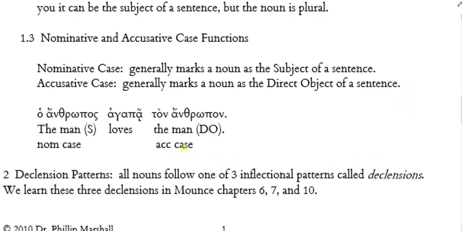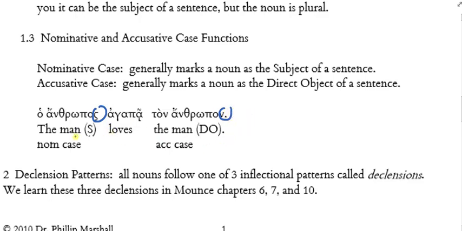So here's an example of a sentence where cases are used on the same noun. Why don't you say this with me? Ha anthropos, agapa, ton anthropon. So notice that I have anthropos, anthropon, same word, different forms, different cases, right? Sigma versus the nu.